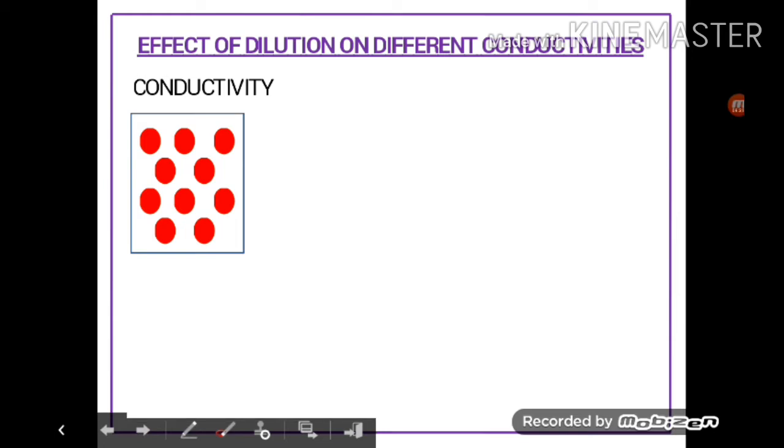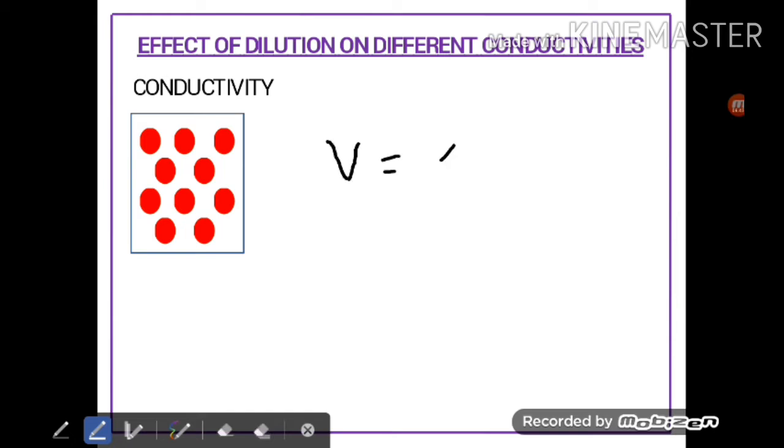The more the number of ions, the more the conductivity. Here in conductivity the volume should be 1 liter, no matter how many ions are present. The compulsory thing is the volume, it should be 1 liter. So the conductance of this solution is the conductivity.